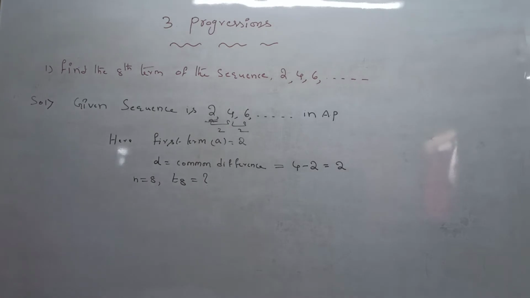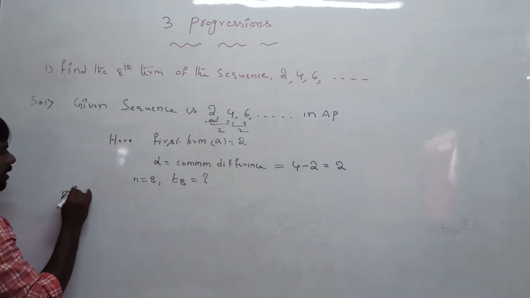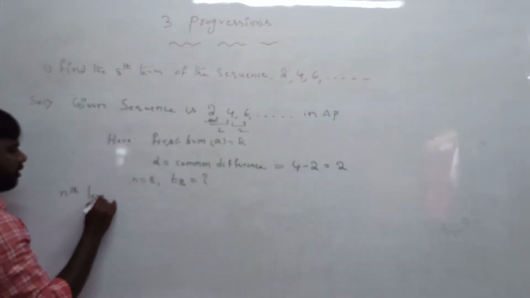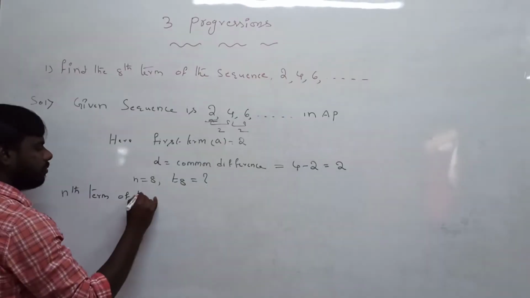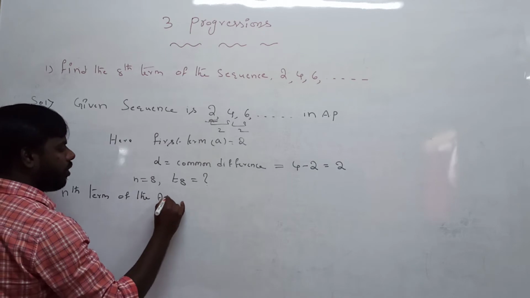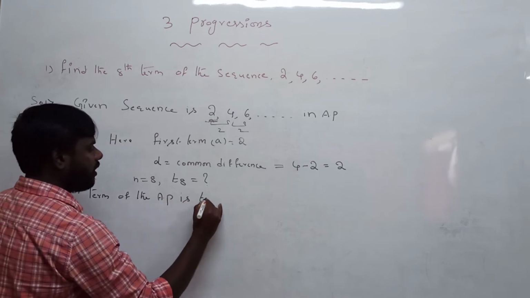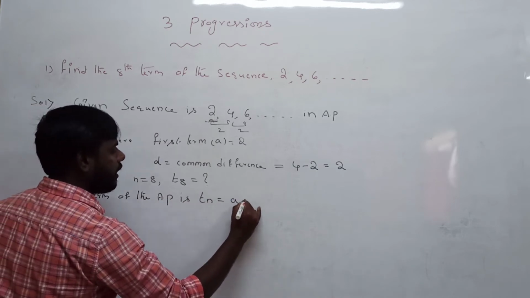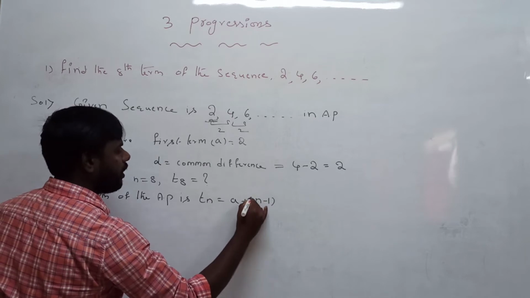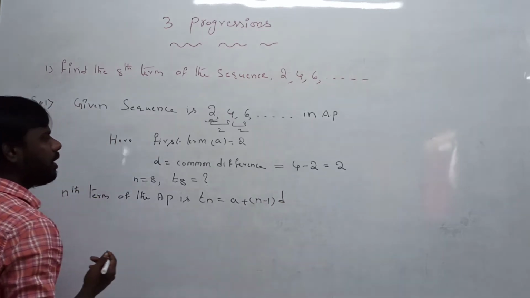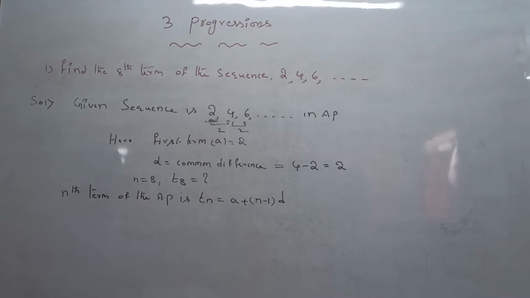Now apply the nth term of the arithmetic progression formula: Tn equals a plus n minus 1 into d. Substitute the a value, d value and n value.